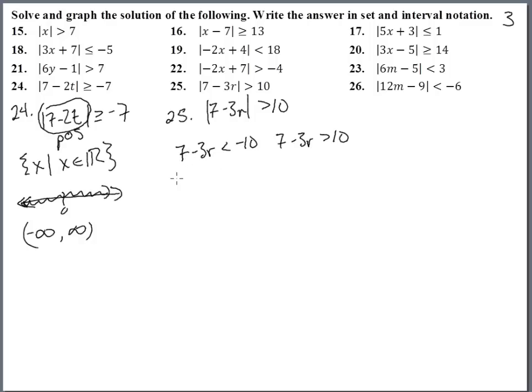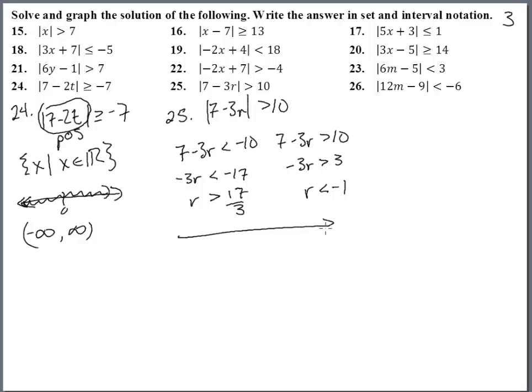Subtract 7 from both sides, and we get -3r is less than -17. r is bigger than 17/3. Again, we switch directions whenever we divide by a negative. Here we subtract 7, we get -3r is greater than 3. r is less than -1.